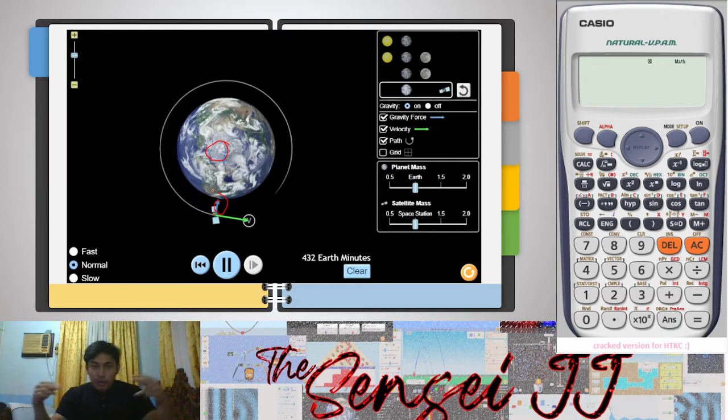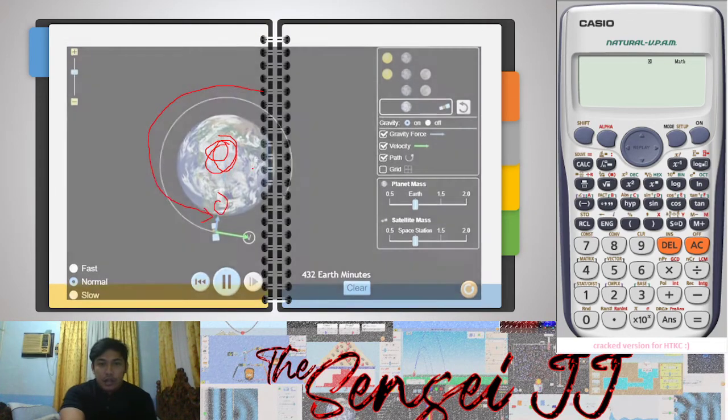But since they are pulling on each other, they are not colliding, but they are exerting enough force to hold each other. Okay, so this white line is the pathway where our satellite is orbiting around the Earth.